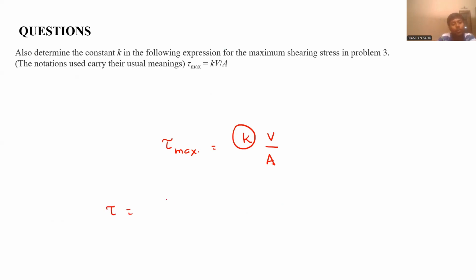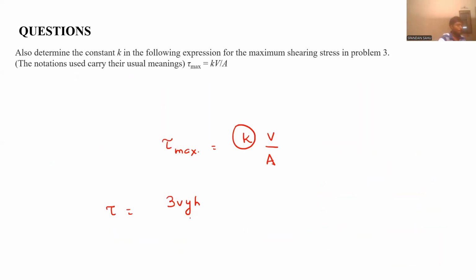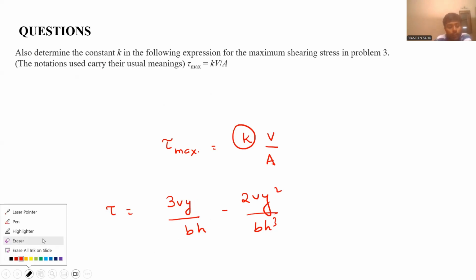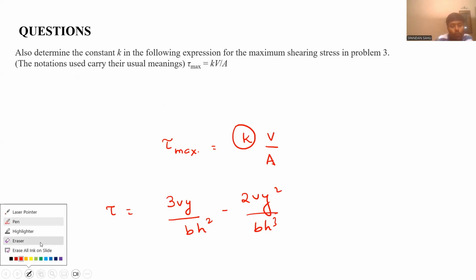So equation of tau is 3Vyh upon bh cube minus 2Vy square upon bh cube. If you simplify this, h will get cancelled, so it will become h square. So 3Vy upon bh square minus 2Vy square upon bh cube.